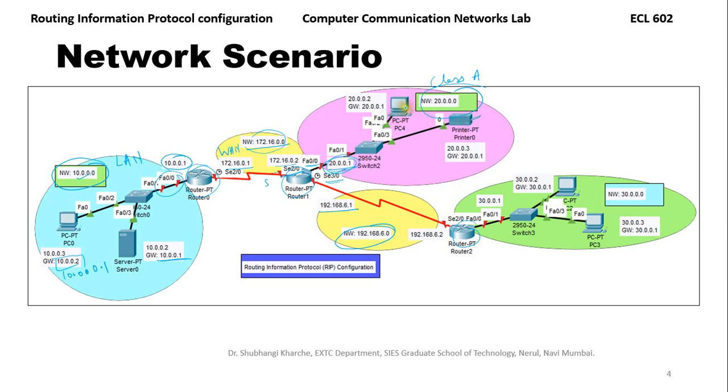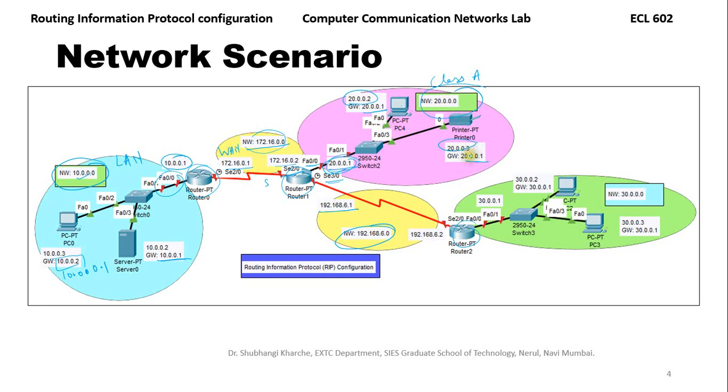The gateway IP address for this PC4 will be 20.0.0.1, and the gateway for this printer will also be 20.0.0.1, and the IP addresses for these end devices will belong to the same class A network, that is 20.0.0.0. So the IP address for PC4 is 20.0.0.2, and the IP address for the printer is 20.0.0.3.